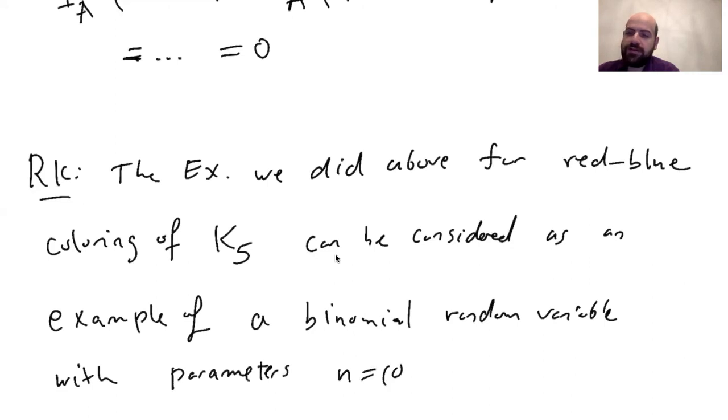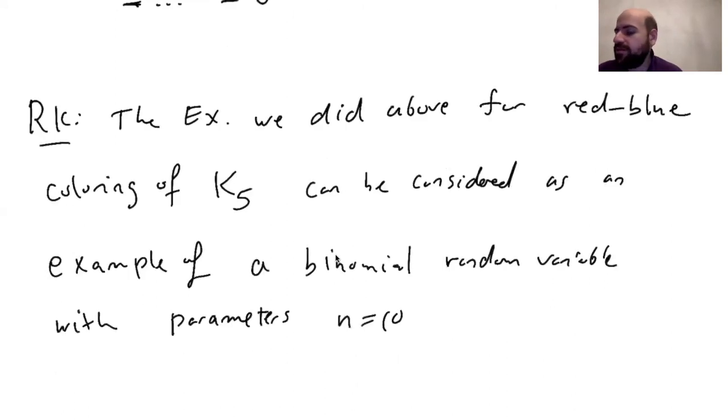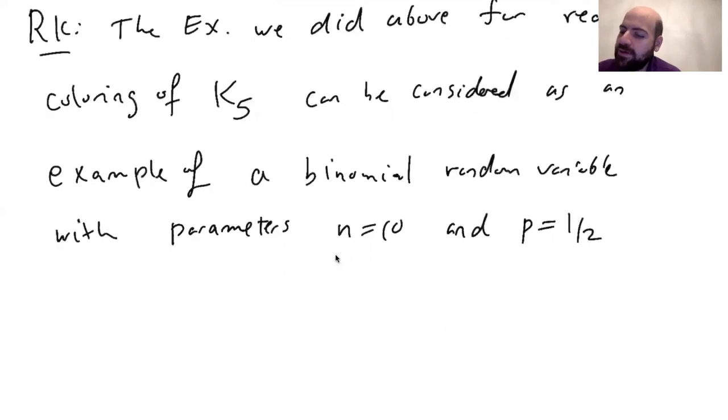N was 10, the total number of trials. Each trial was coloring one edge, so 10 edges, 10 trials, and P was the probability of success in each trial, which is 1/2. So X is binomial with parameters 10 and 1/2.